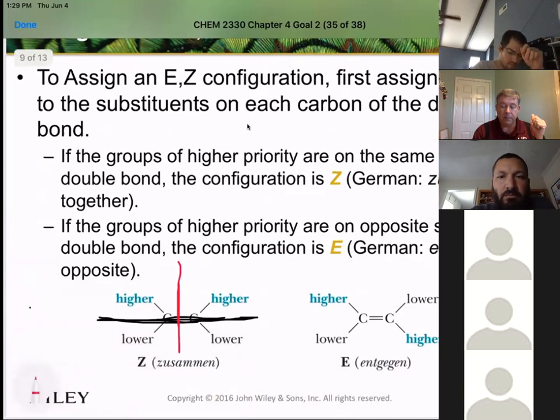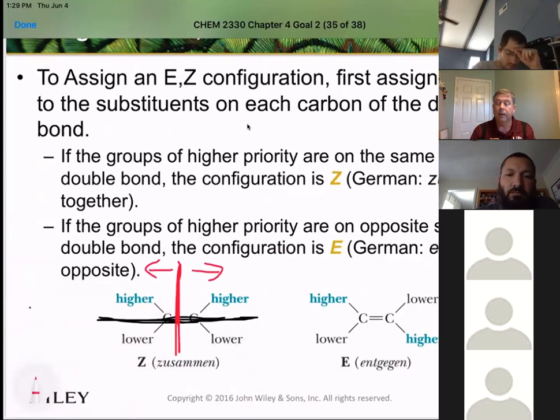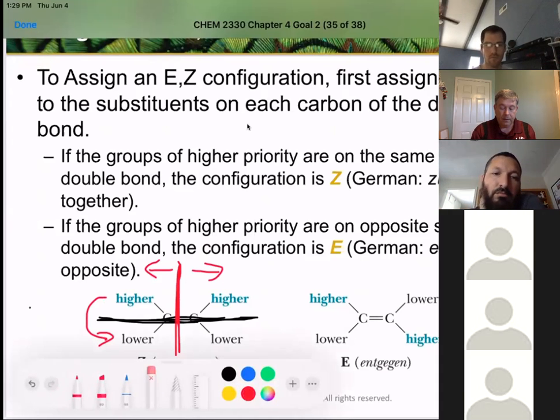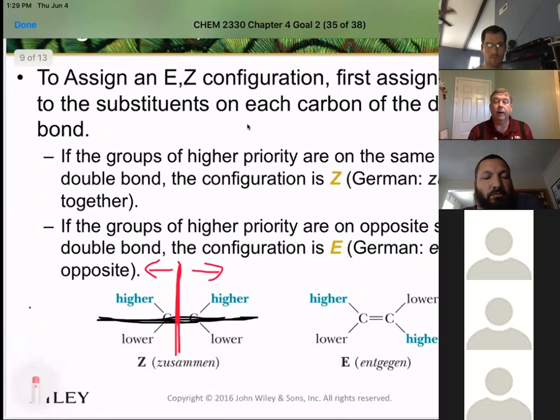So we split the double bond in the opposite axis, saying that we compare this side to this side. You do not compare this to this because they're on the same side of the alkene. We only compare cutting the double bond, one side of the double bond, to the other side. That's the difference in the EZ versus cis-trans. You start with the same axis, and in the EZ, you add that second axis, okay?